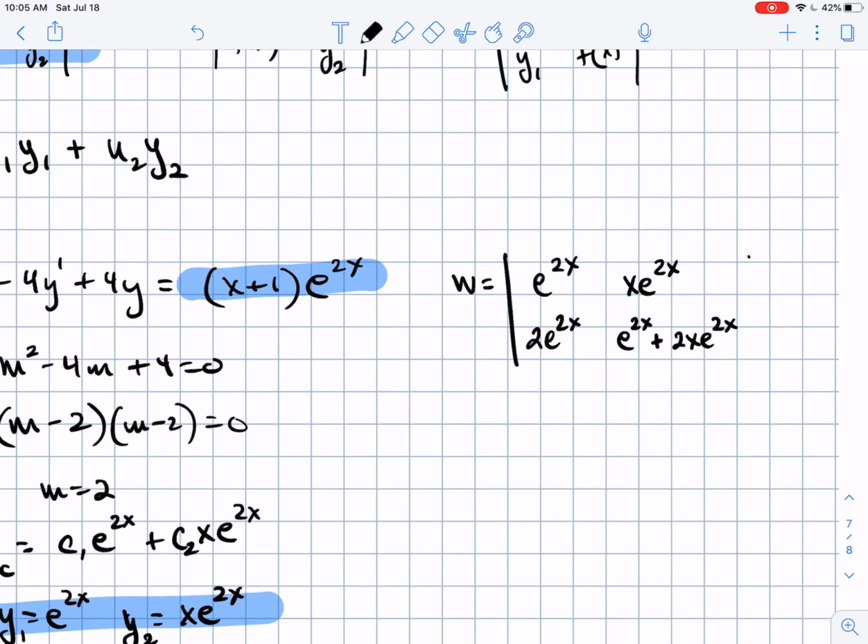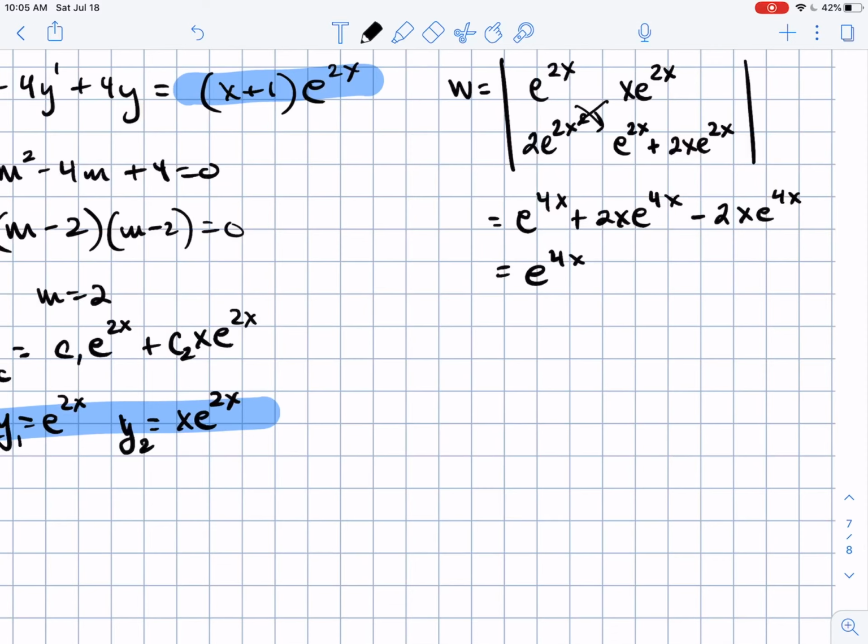So you have this set up. Now this is equal to, remember you multiply across, so we get e to the 4x plus 2x e to the 4x, and then minus, you go across and you get 2x e to the 4x. So we just get for W e to the 4x.